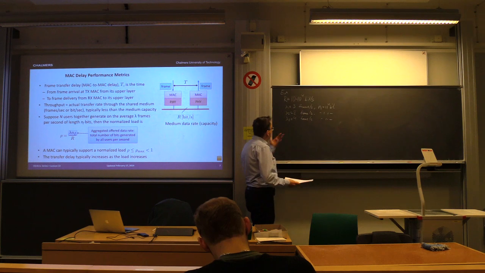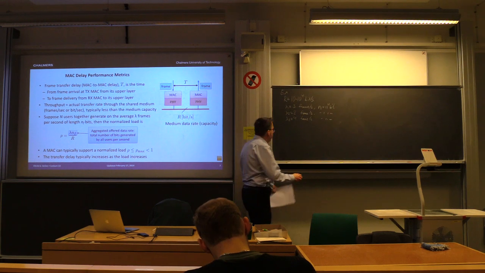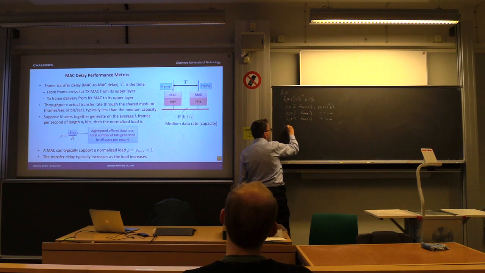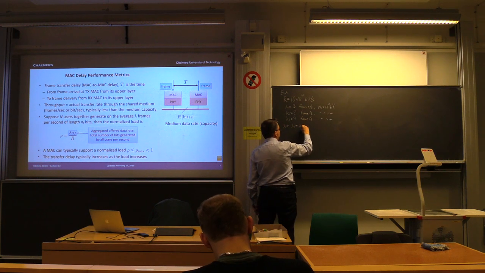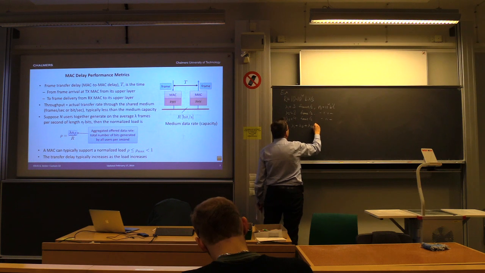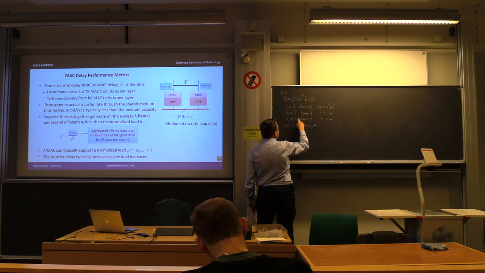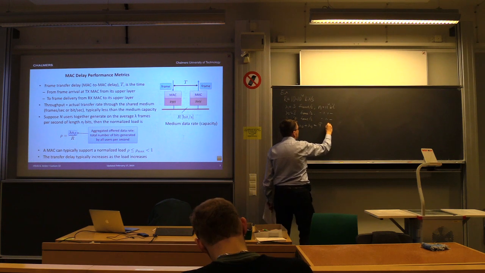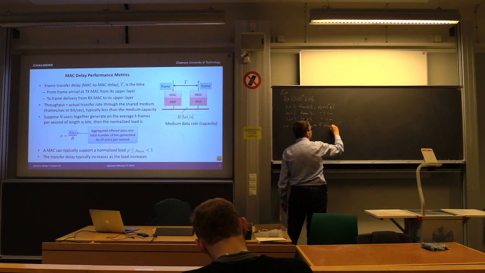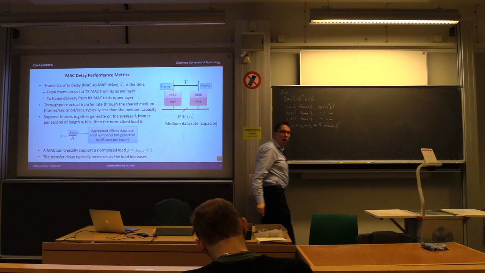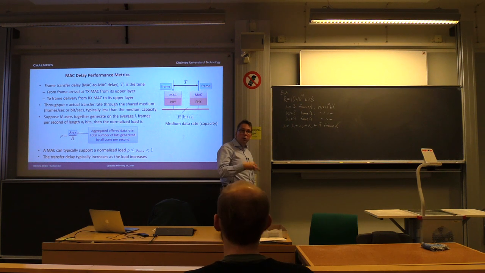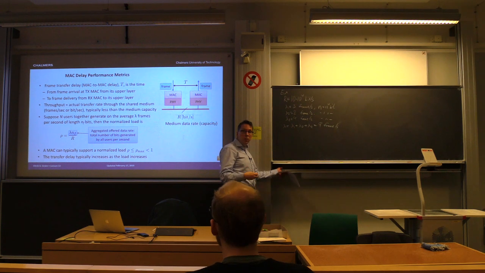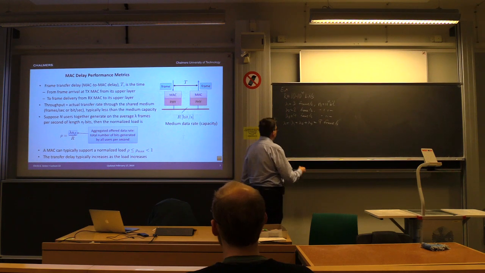So if we have these 3 stations together, they generate lambda frames per second. What is that? It's simply lambda 1 plus lambda 2 plus lambda 3. So in this case 3 plus 2 plus 4, that's 9 frames per second. So the total load on the physical medium is 9 frames per second.